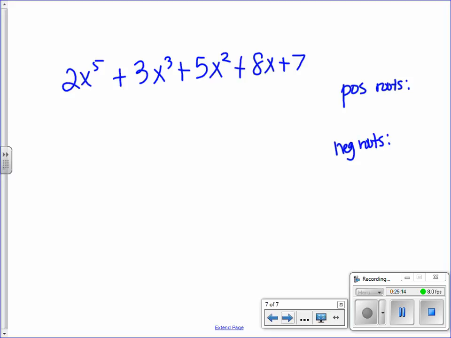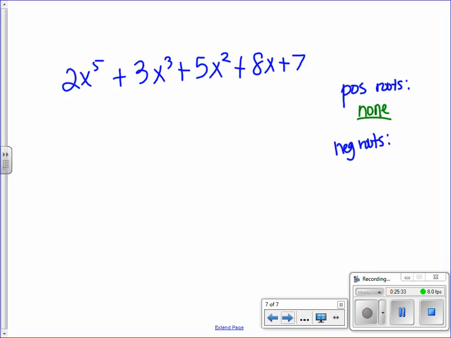Tell me, look at this, how many positive roots does it have? How do you know? There's no sign change. So there's no positive roots. No positive roots, none. The sign never changes. Okay?